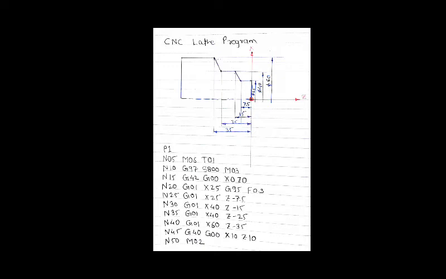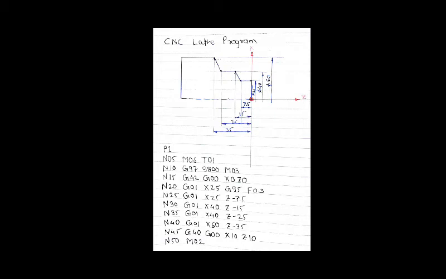Now by inserting this G40 code, we are going to cancel the tool radius compensation mode. And X10 Z10 means we move the tool to a safe position. And M02 is the program end.